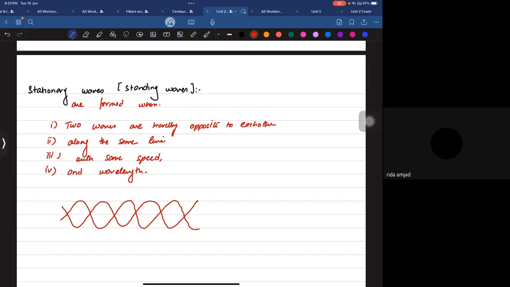Yes, sir. In a stationary wave, these points are called nodes, and these points are called antinodes. Again, this will be a node, generally written as capital N, and these points are antinodes, written as A, the middle point between two nodes.